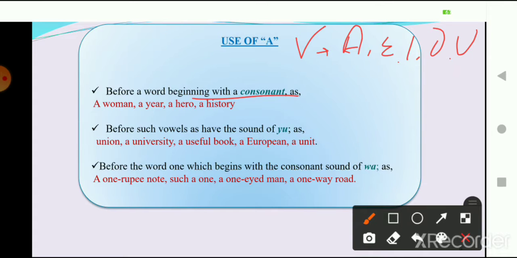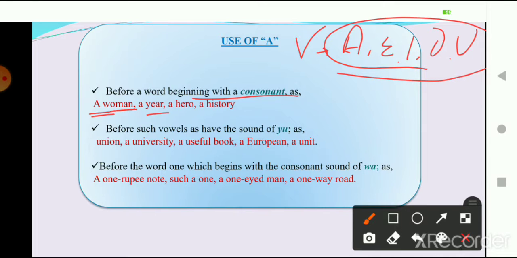Other than vowels, all the other letters of the English alphabet are consonants. So when a word begins with a consonant sound, here are some examples. For example, woman. Here the woman is starting with a consonant, so we put a before the word woman.